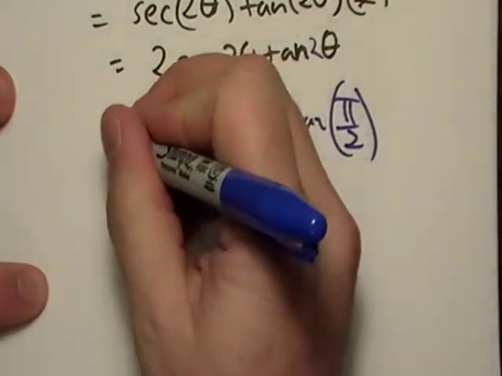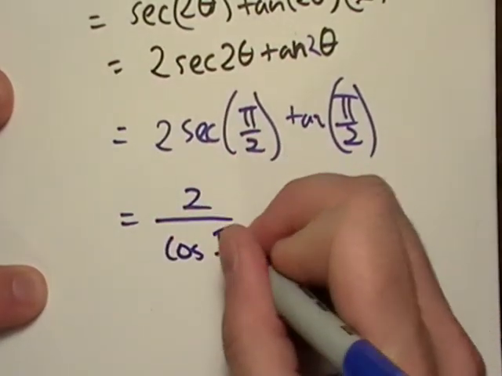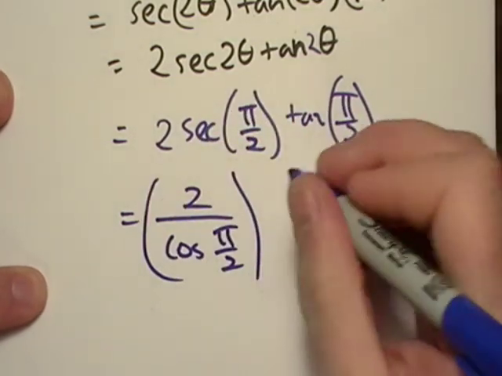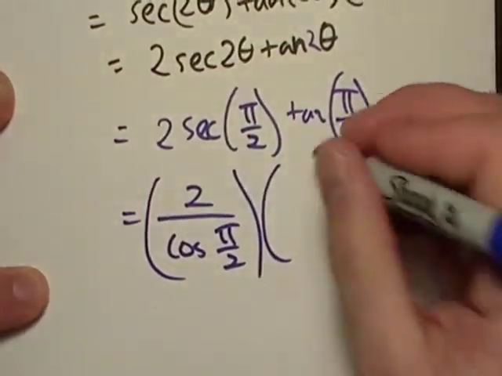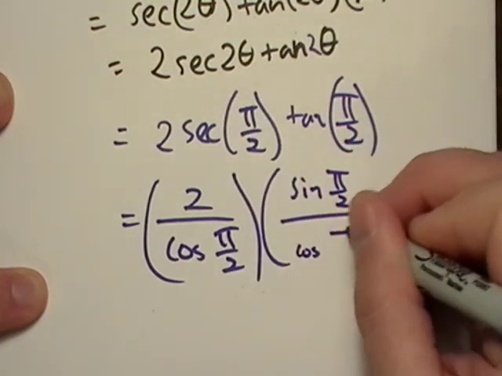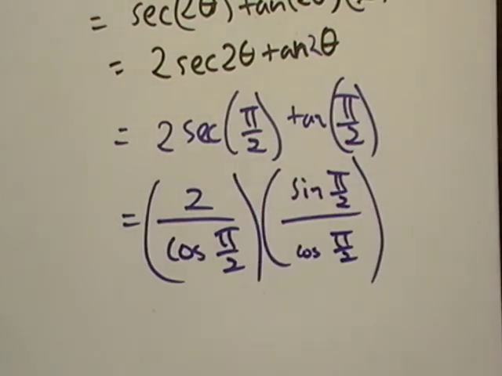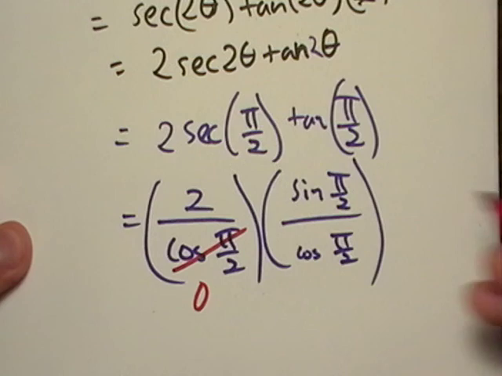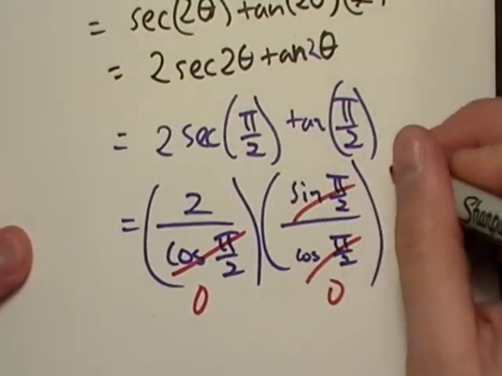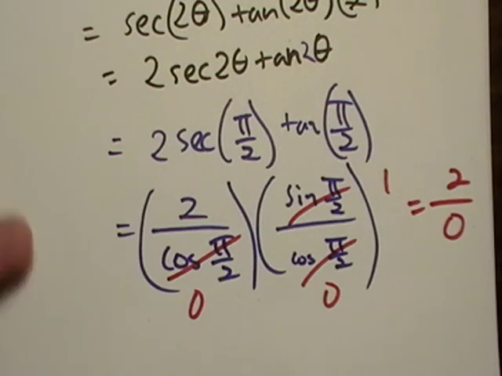Okay, so let's rewrite that. We'll go 2 over cosine pi over 2, and then we've got sine of pi over 2 over cosine of pi over 2. This is going to go to 0, this is going to go to 0, this is going to go to 1. We end up with 2 over 0.